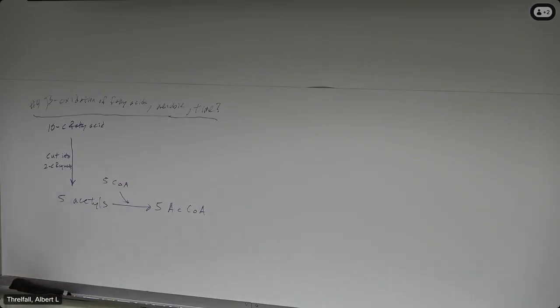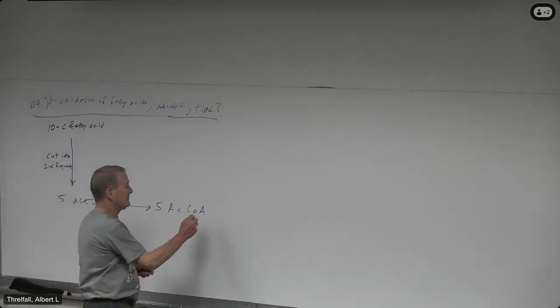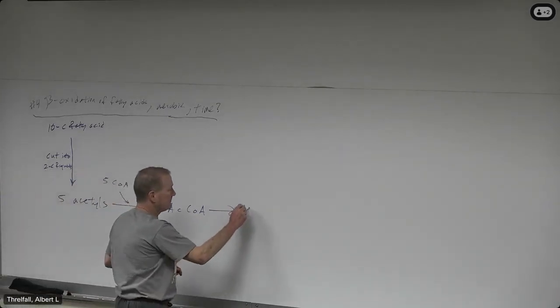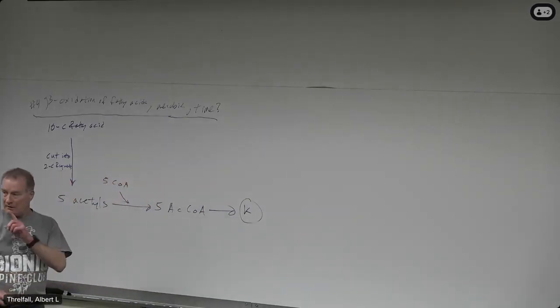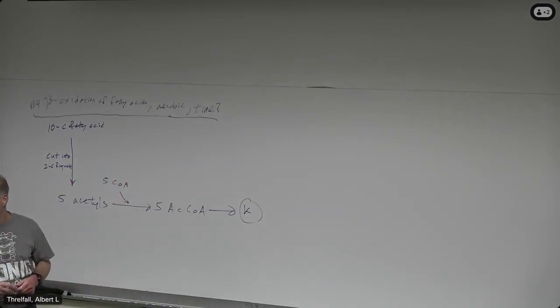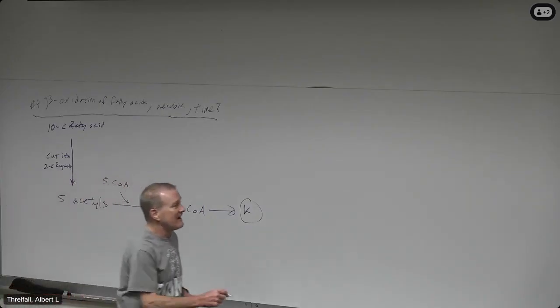Now looking at your notes, past week or so, what's the fate of acetyl coenzyme A? It goes into the Krebs cycle. Now look at a Krebs cycle in your notes, one that's highly detailed.